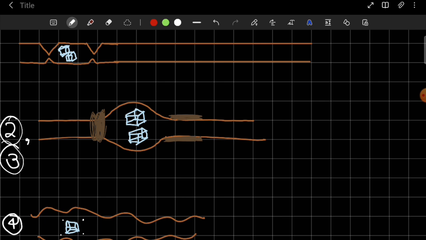In the muscularis layer of the GIT, we have 2 muscles: the inner circular muscle and the outer longitudinal muscle. So in this picture I have drawn a tube, an intestinal tube. Our paneer is residing in it, and these are the muscles. This muscle is the circular muscle, and this muscle is the longitudinal muscle.